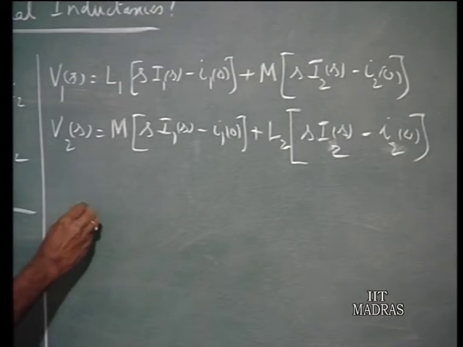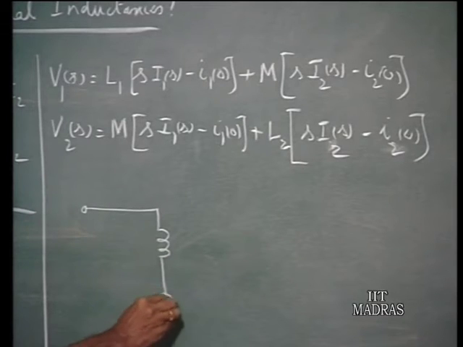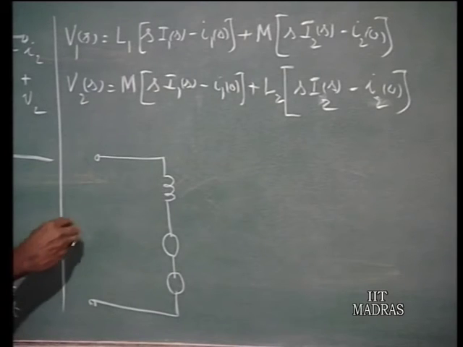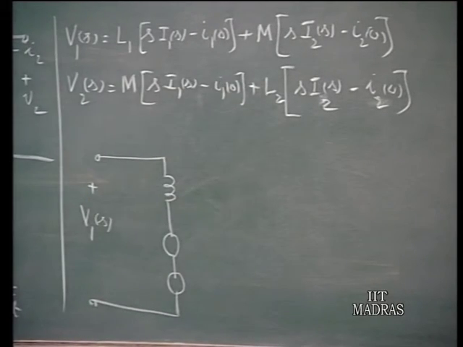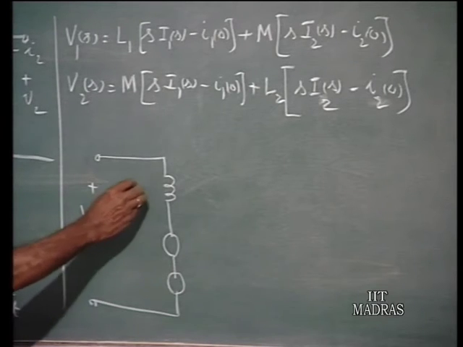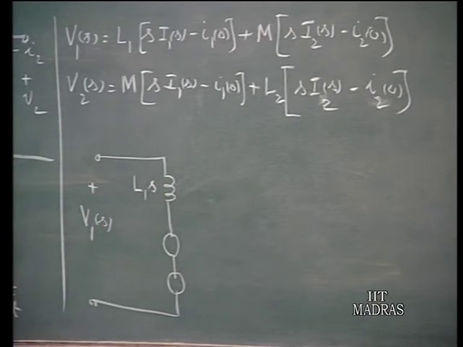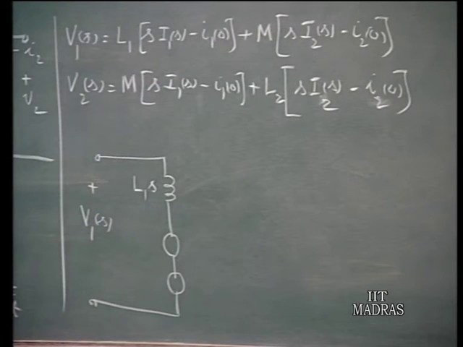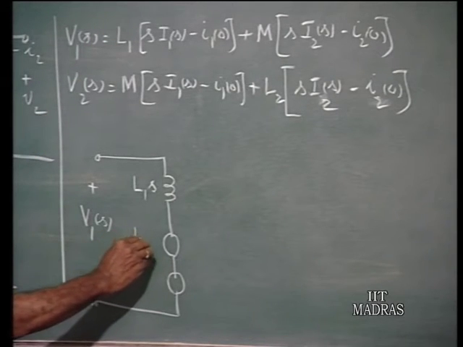Therefore, in the transform diagram for the first coil, V1 of S is the transformed terminal voltage of the coil, and the coil has a self inductance L1 and a generalized impedance L1 S. This is the self impedance of the first coil, and you have two voltage sources representing the initial currents in the inductors. Therefore, this is L1 I1 0.